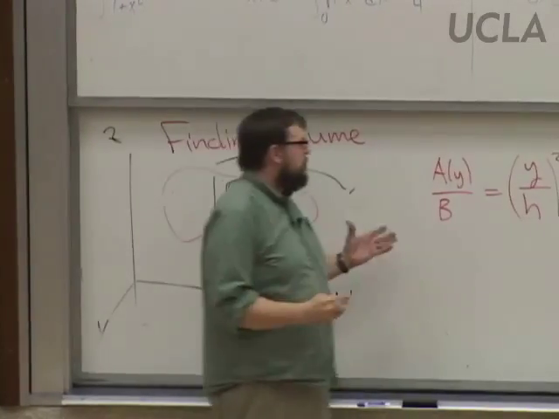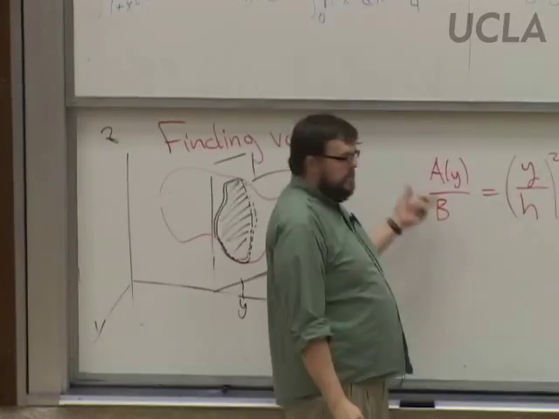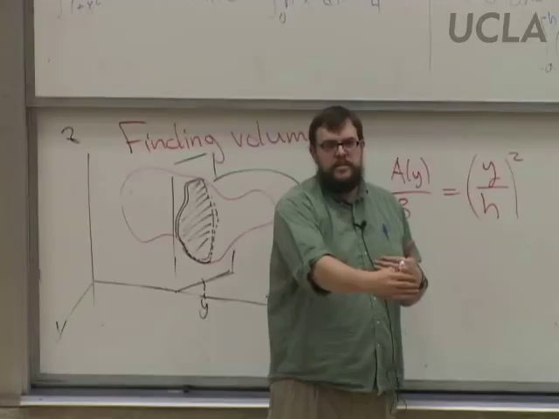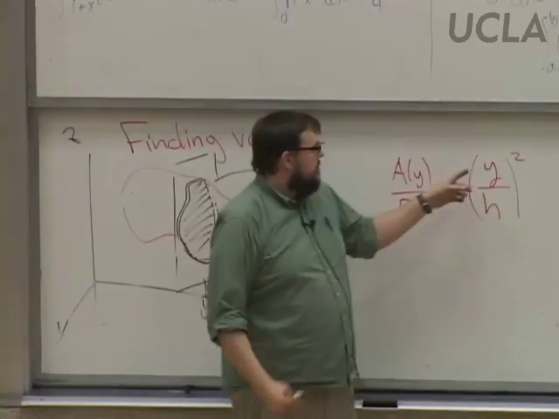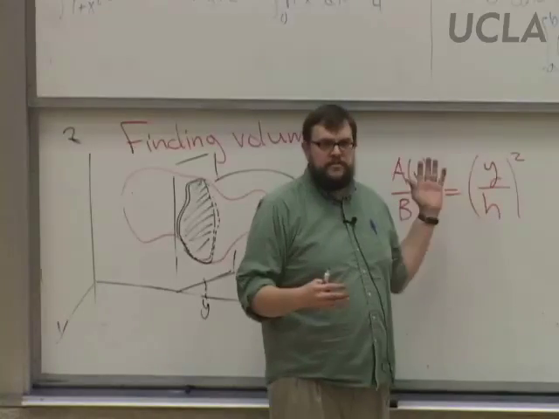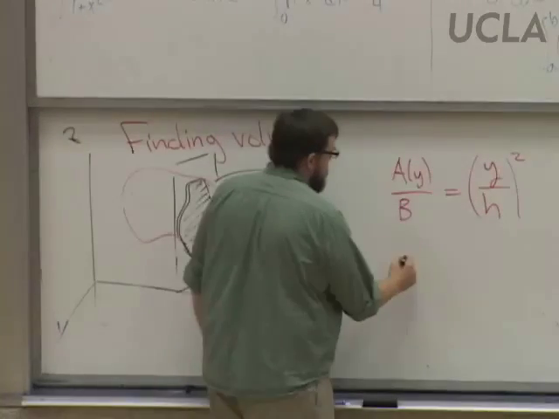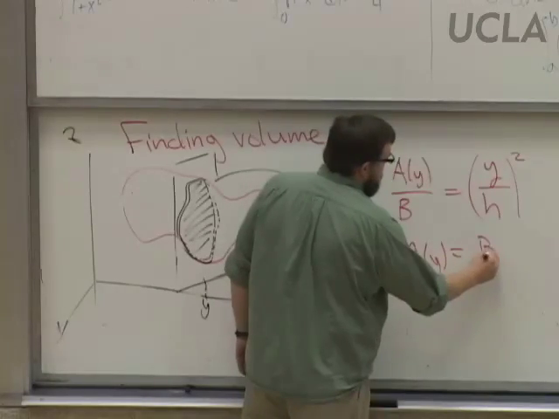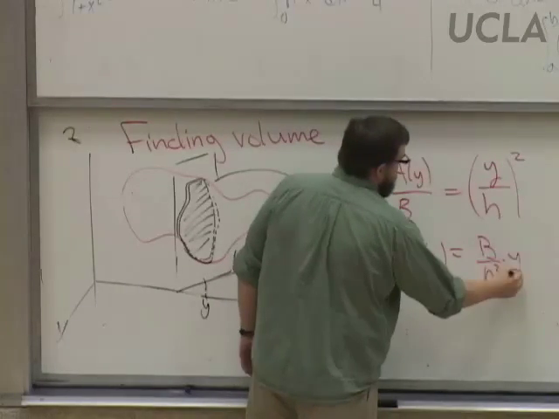The reason I put a square here is to think about how you get area. Area is the product of two dimensions, length and width, and length is just one dimension. So this is just to make it more comparable in terms of dimensions. So the area of y is the base over h squared times y squared.